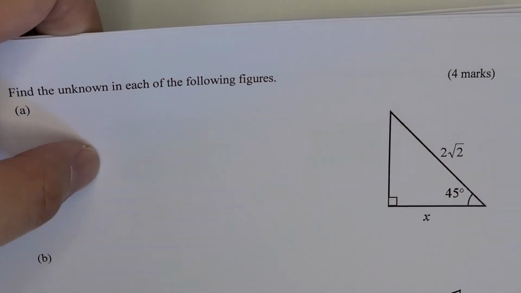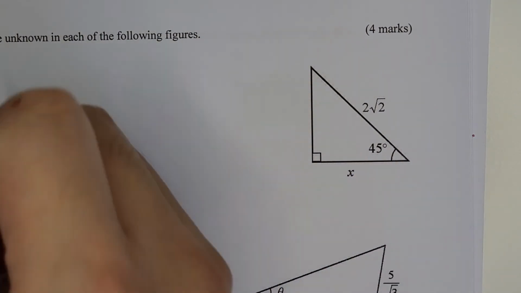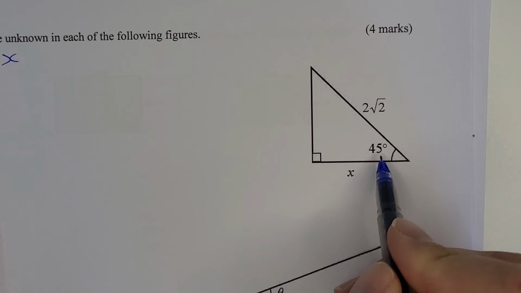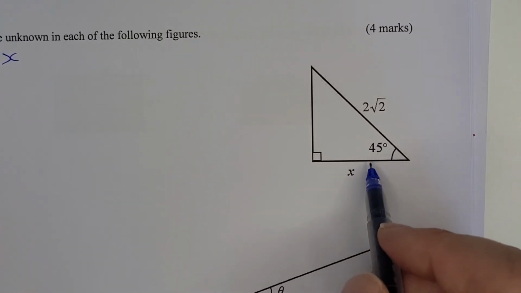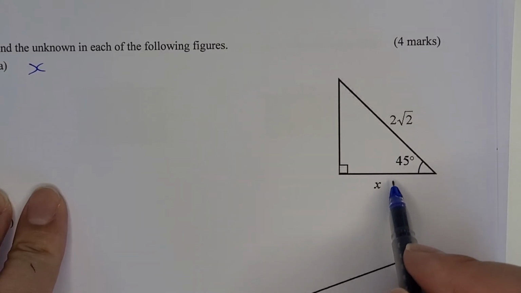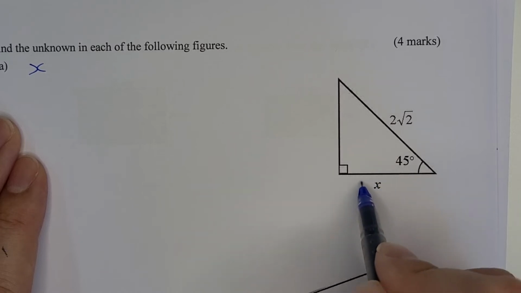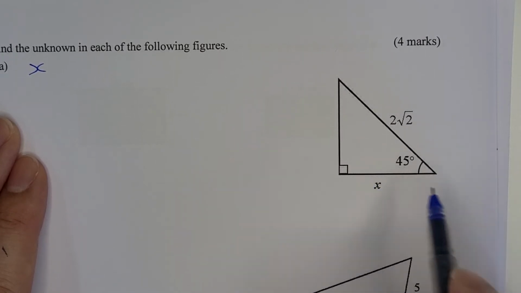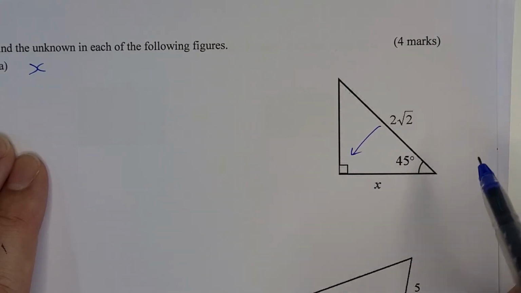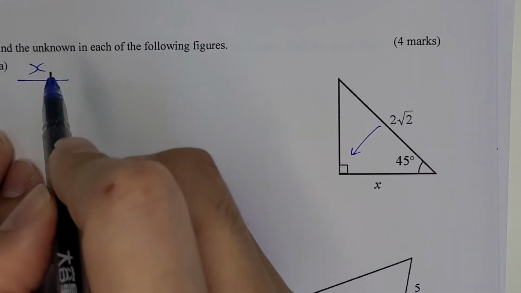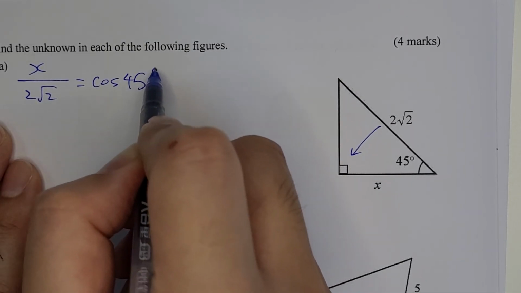So what we can do, if we want to find x, when you look at this angle 45 degree, compared to x, that is the adjacent angle, okay, adjacent angle, and the side opposite to the right angle is the hypotenuse. So adjacent side over hypotenuse will equals to cosine 45 degree.